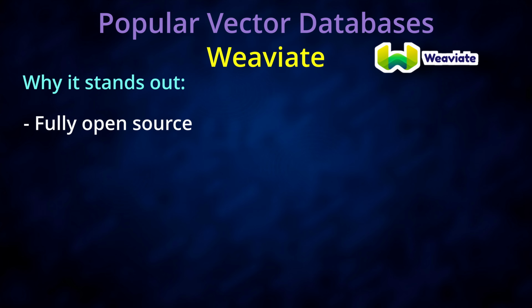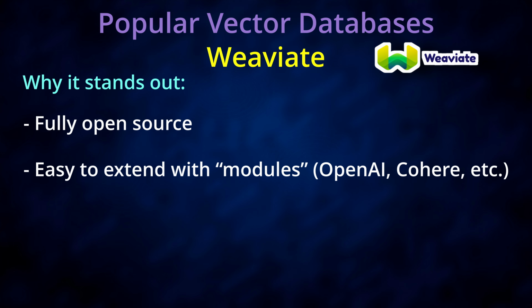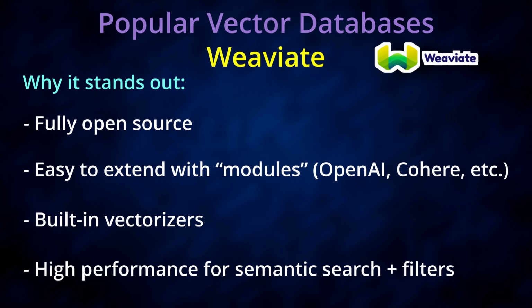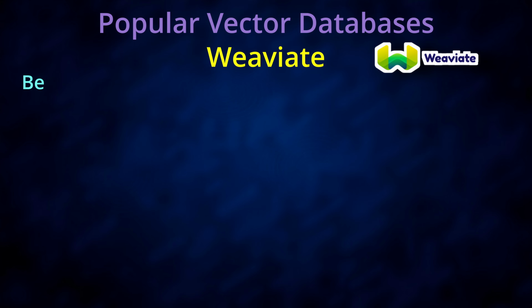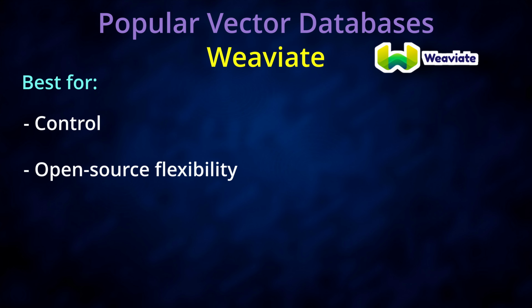Fully open source. Easy to extend with modules. Built-in vectorizers. High performance for semantic search and filters. Best for teams that want control, open source flexibility, or hybrid search features.